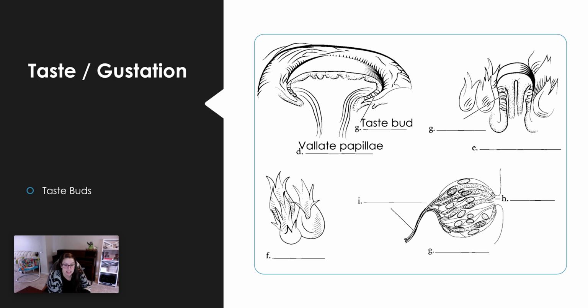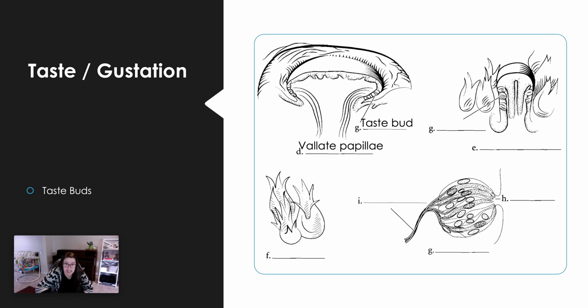So typically if you are ingesting a food that's, say, toxic or spoiled, it tastes bad, it might taste bitter. A lot of poisonous plants, if you ingest them, have a bitter taste, and it triggers the gag reflex as a way to help protect your body. In other words, they're saying, this is bad for you, it tastes atrocious, you need to get rid of it, and it's going to force you to gag.